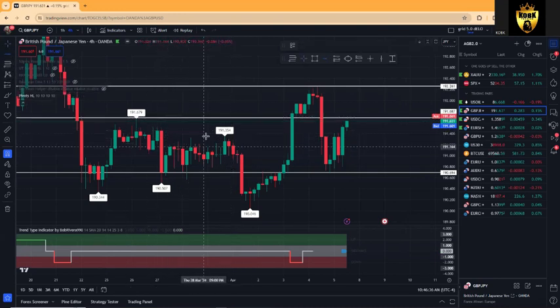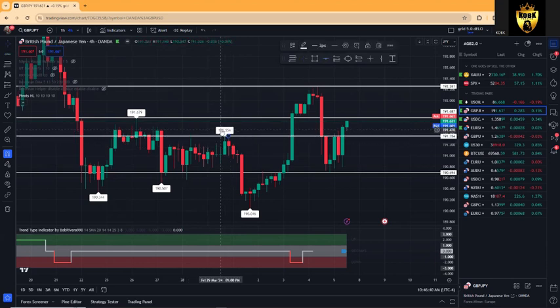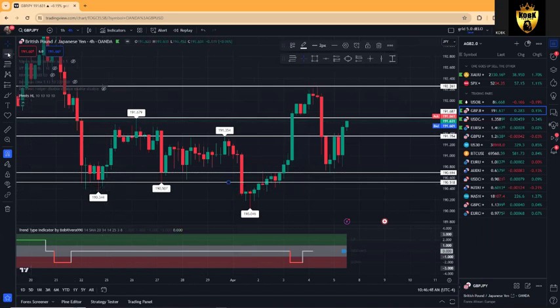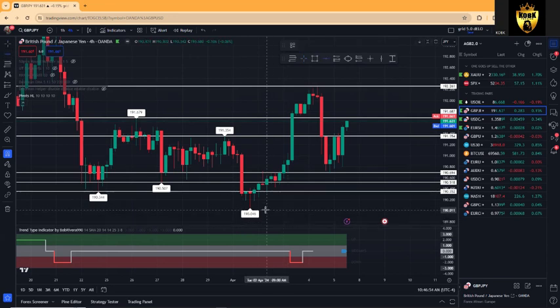All I'm doing is marking up where the numbers are appearing. Then I have some down here just in case they break, right? So we have one there, one there, one here, and then another one here.